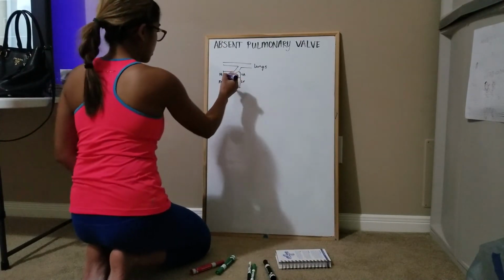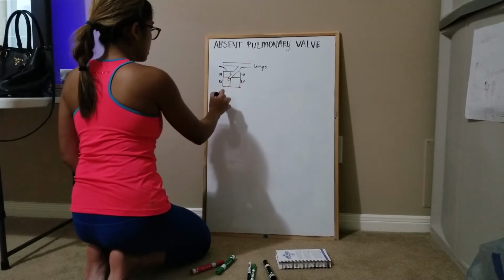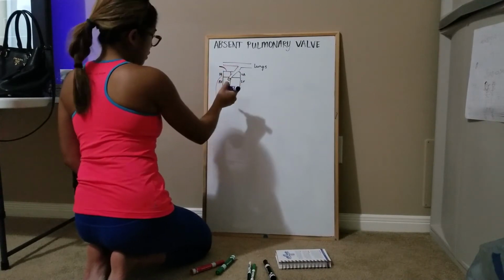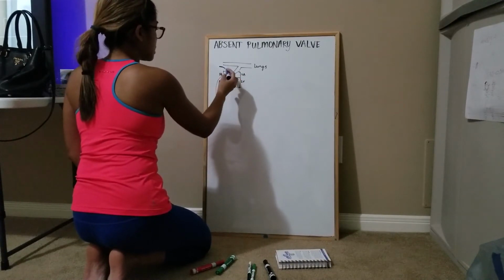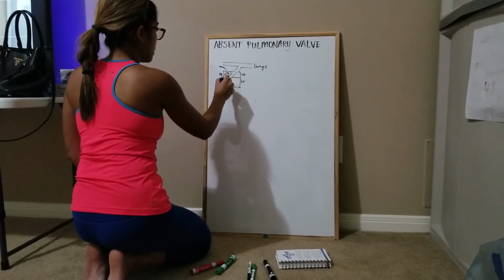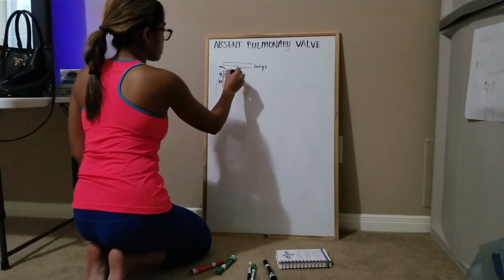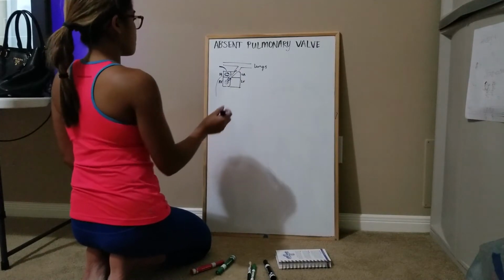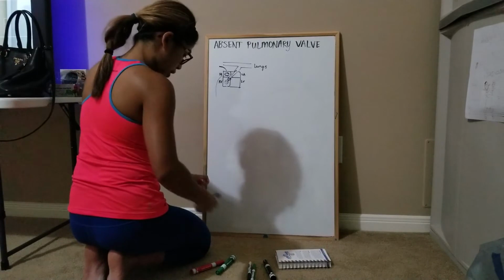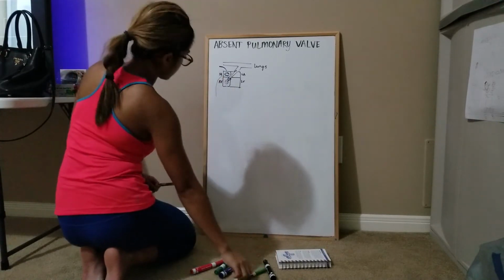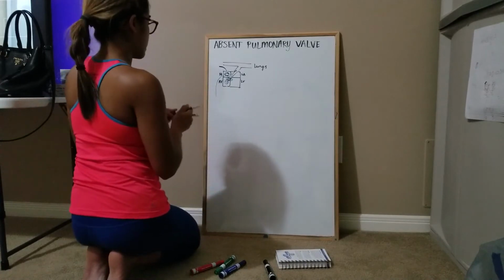So this is our deoxygenated blood coming from the superior vena cava, the inferior vena cava, and the coronary veins, and it goes to the right atrium, all the way down to the right ventricle. From the right ventricle, it shoots up to the pulmonary arteries. This little valve here is the pulmonary valve. That's where our pulmonary valve is.